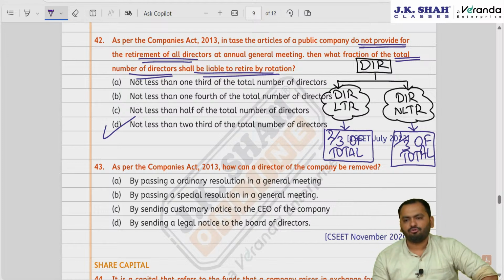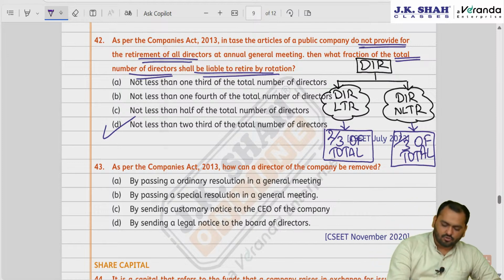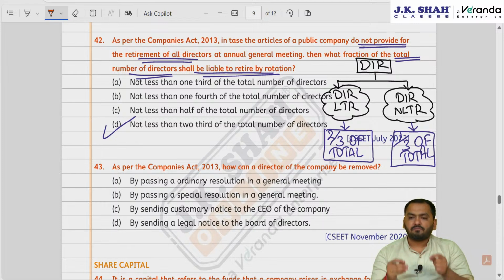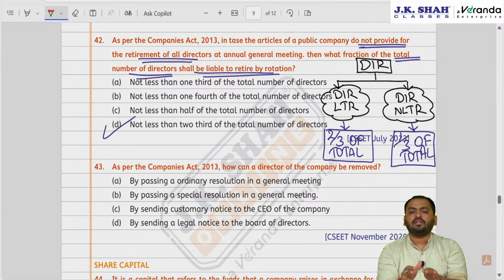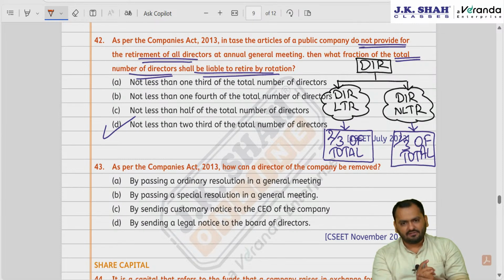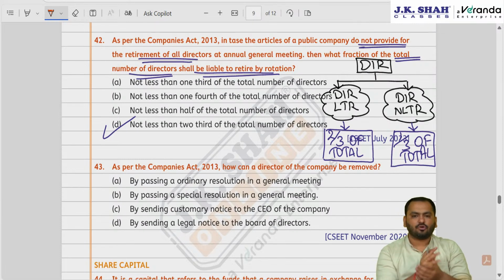Also, I want to explain this further. Just now I told you the total number of directors who are liable to retire is 2/3. But how many directors, at minimum, will have to actually retire by rotation? These 2/3 directors are liable to retire, meaning they are in the danger zone.